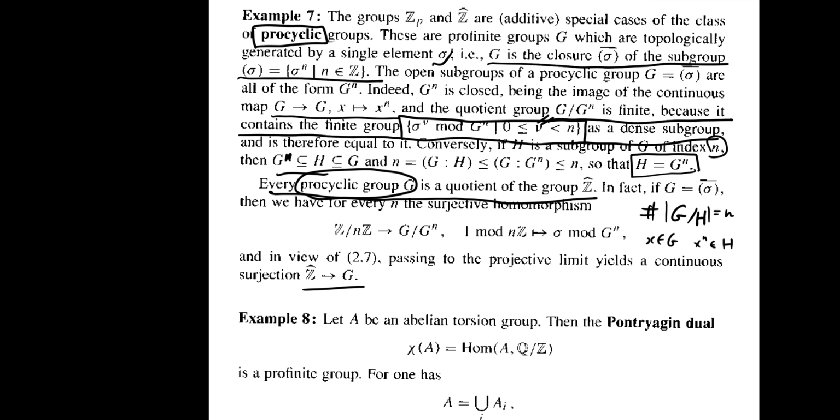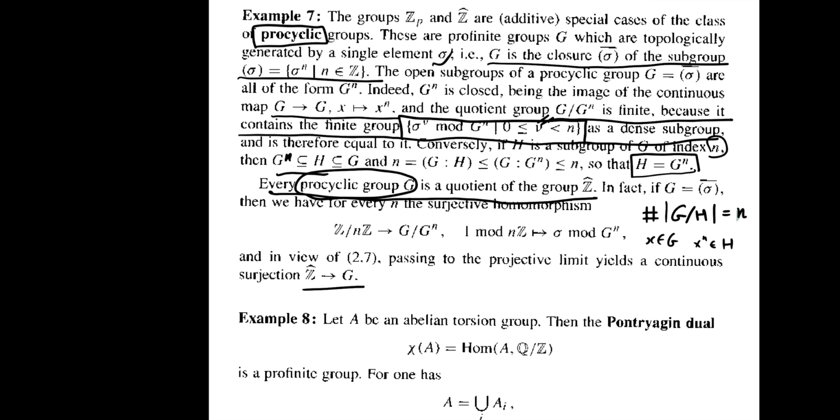And if your topological generator is sigma, then this sigma is dense because you have the closure of the subgroup generated by sigma. This is it. We can describe all the open subgroups of index n for a procyclic group G.